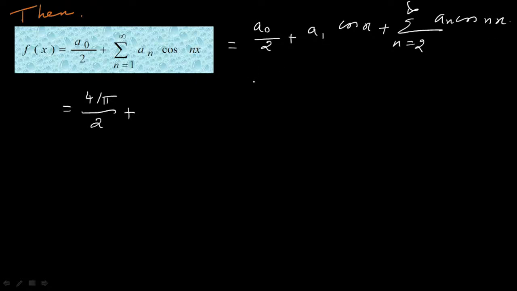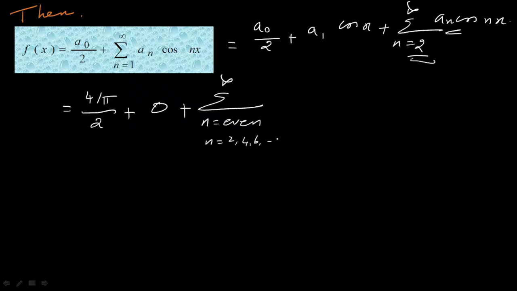Now your a naught is 4 by pi divided by 2 plus a1 value 0, the second term 0, plus sigma n is from 2 to infinity, but an takes only even numbers, that is n takes the values 2, 4, 6, etc. to infinity. So the value of an we have calculated is minus 4 divided by pi of n square minus 1 cos nx.